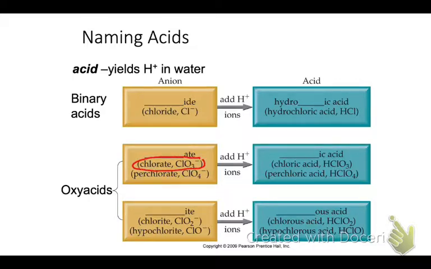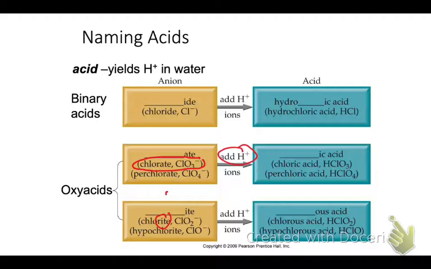It's a -1. So when you want to make an acid, you're going to add one hydrogen cation. And what you do, if the ending is ate, then it will become ic acid. If the ending is ite, it will become ous acid. Okay?